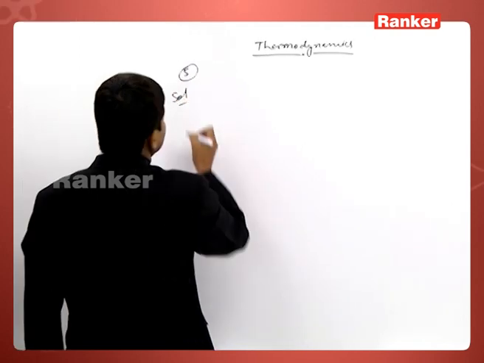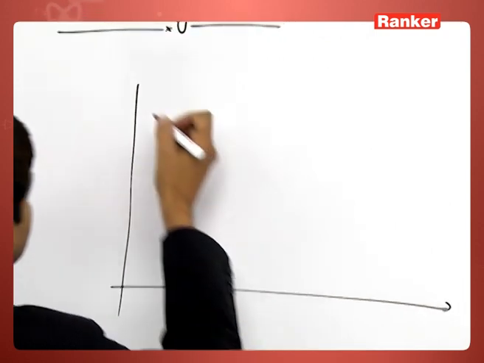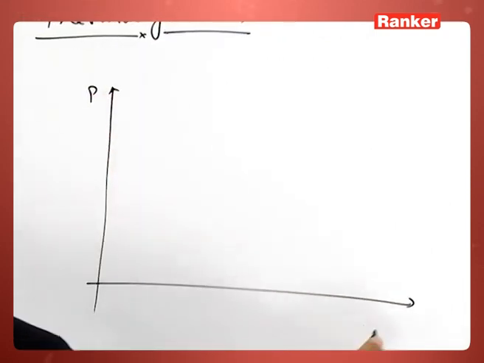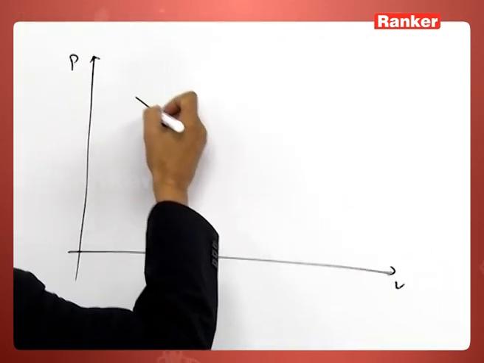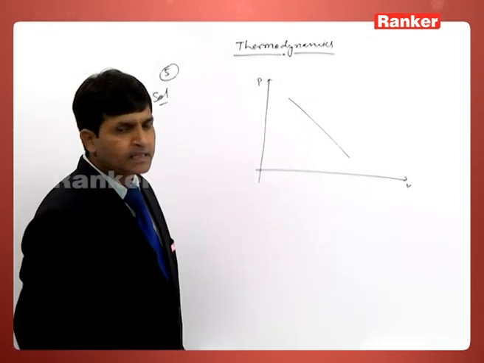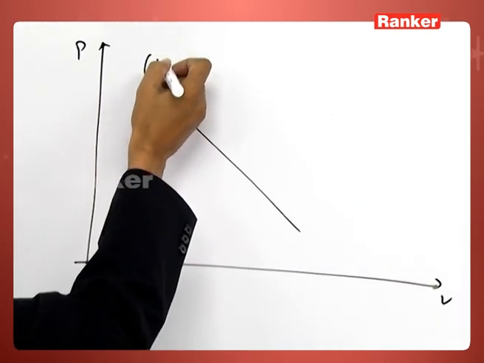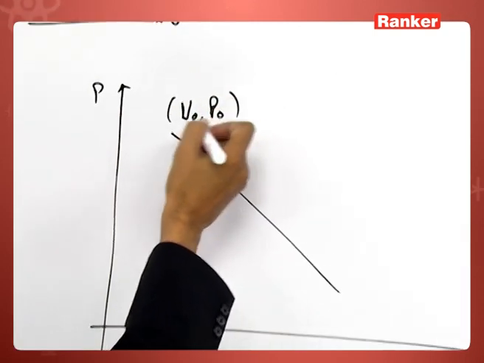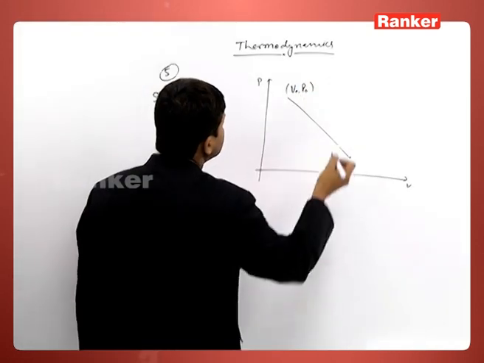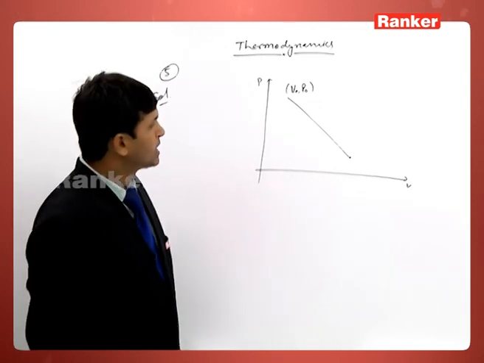In the PV diagram, a straight line is given. This is the PV diagram, a straight line. And on this straight line, at a certain instant, the volume and pressure are V0, P0, and here the volume and pressure are 2 V0 and P0 by 2.